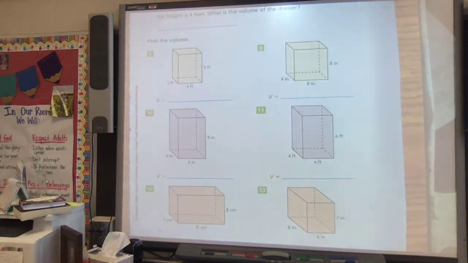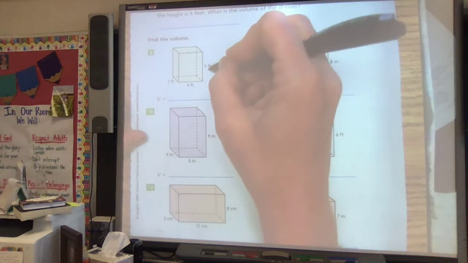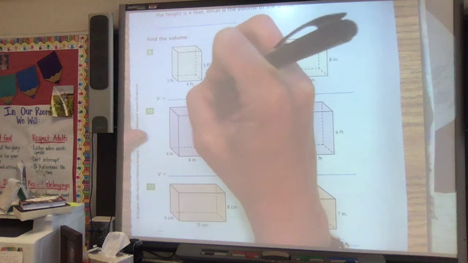All right, let's turn the page again. And this is just continuing to do some more volume problems. So let's practice a few more of them. 2 times 4 is 8, and 8 times 5 is 40 cubic feet.